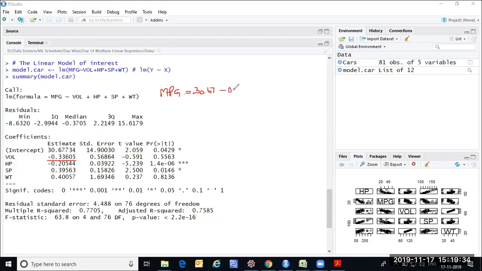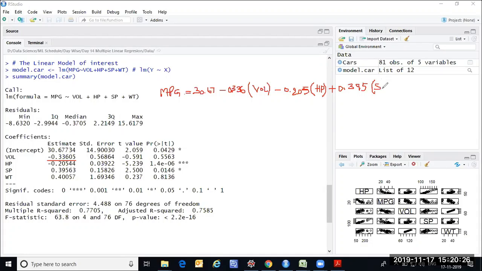minus 0.336 into volume, minus 0.205 into HP, plus 0.395 into SP.